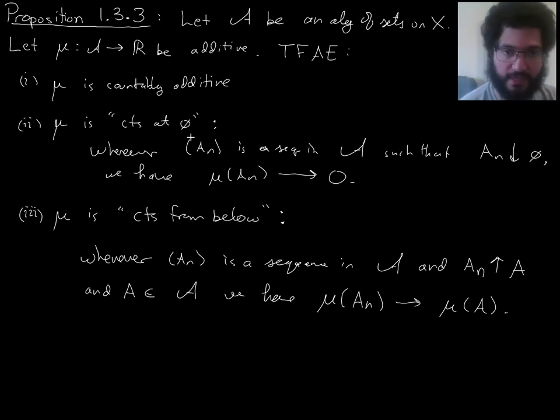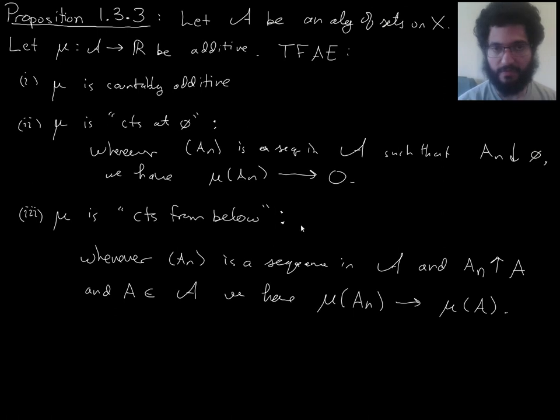So if this one was continuous at the empty set, then maybe you can call it continuous at the empty set from above. And this one you could call continuous at every point set A here, but from below. And these two are equivalent, and equivalent to saying mu is countably additive.